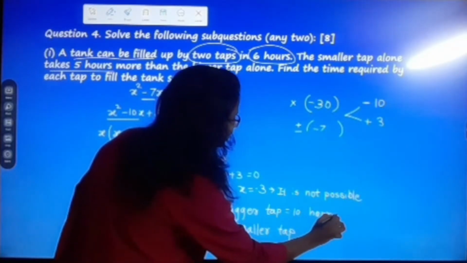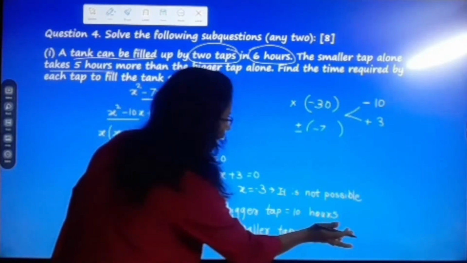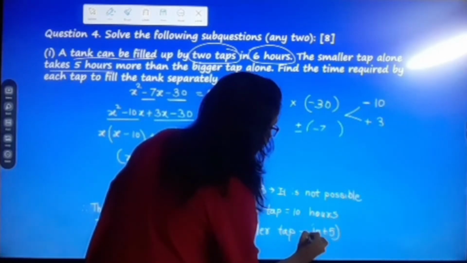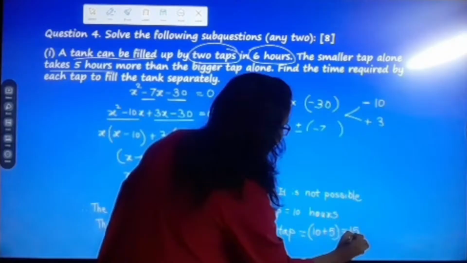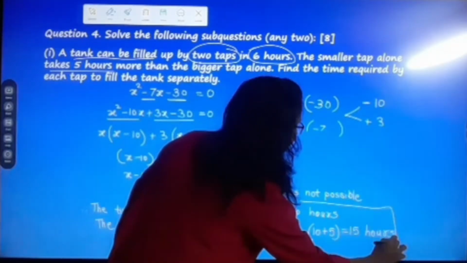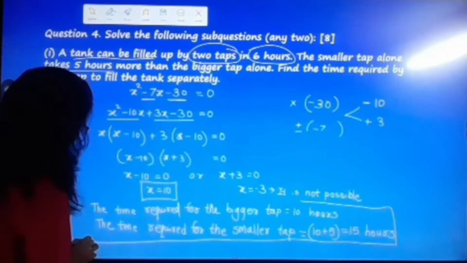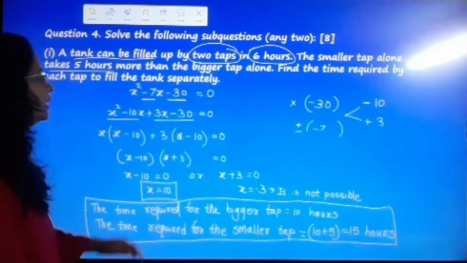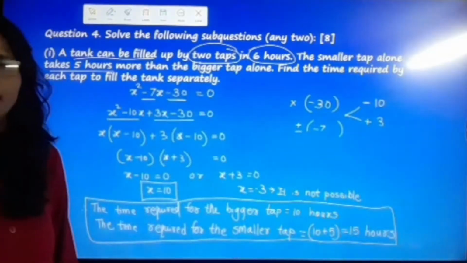And here students, the smaller tap will be 10 plus 5, and that means 15 hours. Okay students, that is equal to the 15 hours. So this will be our final answer.